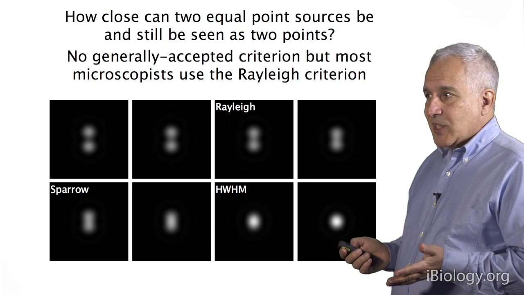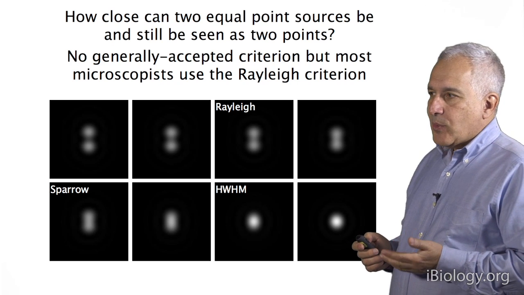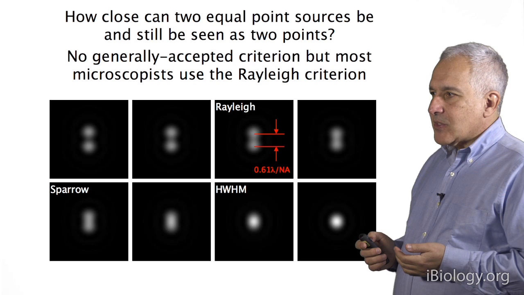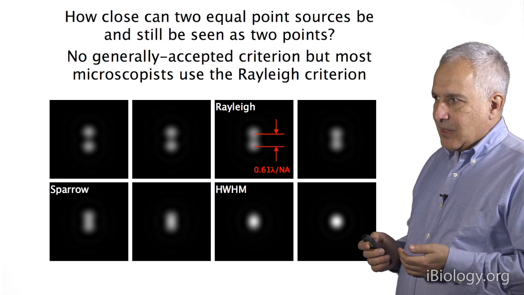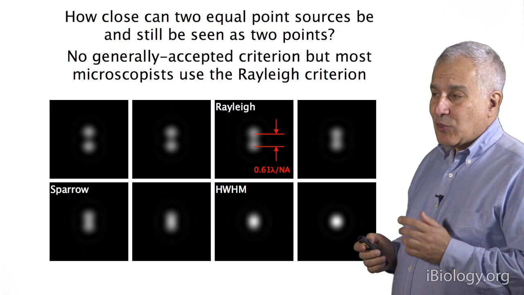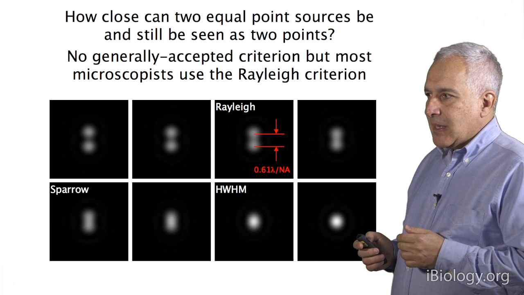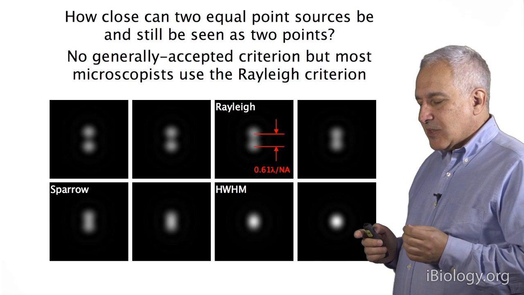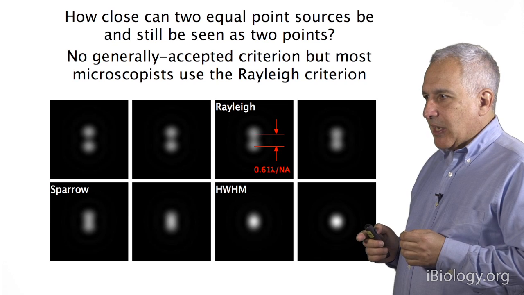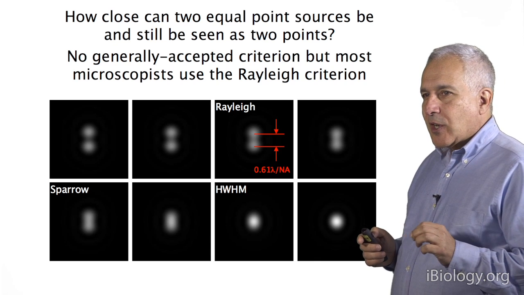There's no generally accepted criterion, but most microscopists use the Rayleigh criterion for their resolution limit, partly because the distance between these two points is 0.61 lambda over NA. That is why it's called the Rayleigh criterion. If you remember from previous discussions, the distance 0.61 lambda over NA is the distance from a point to the middle of the first dark ring.